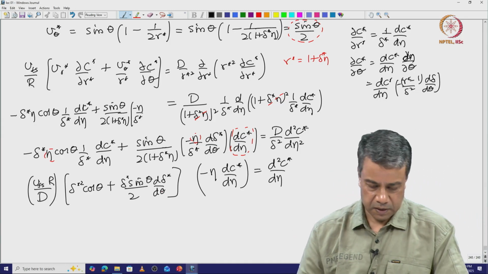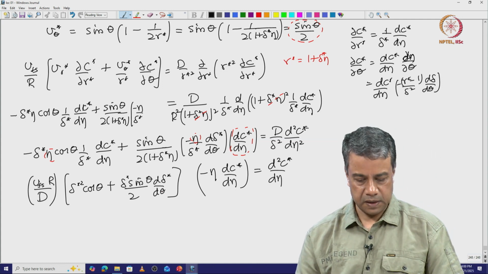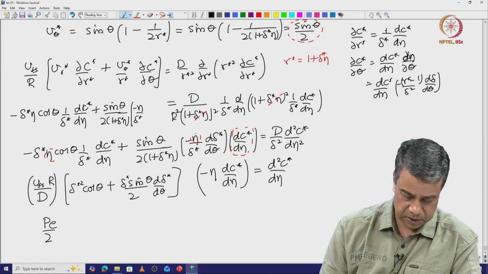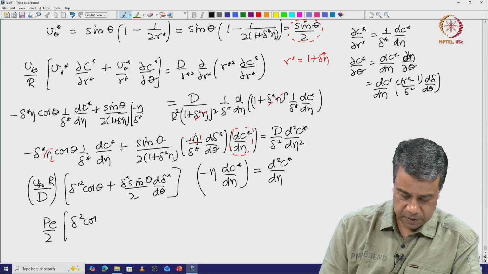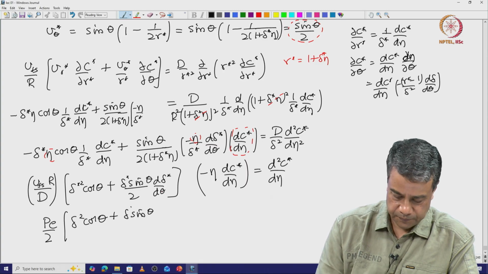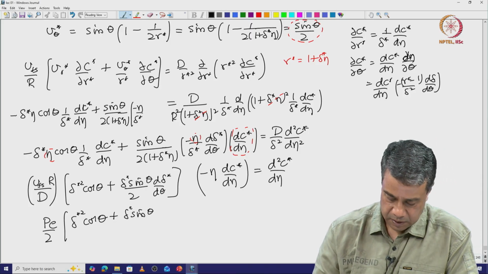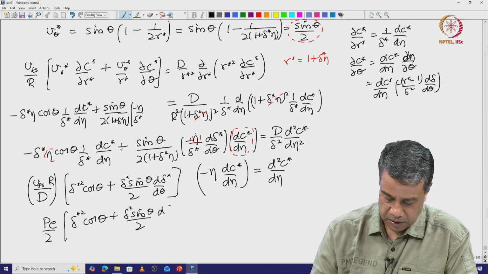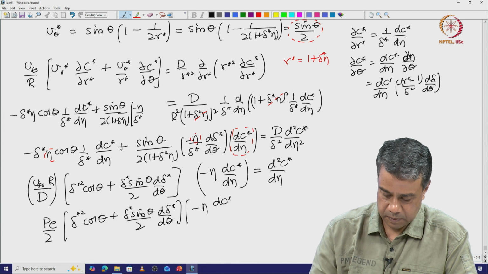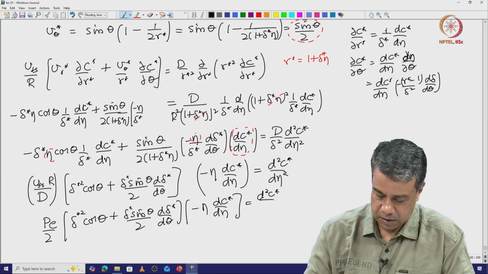On the right side when I do the scaling, I will get a 1 over r square here. So, I will get a VFS r by d. This is Peclet number by 2 delta square cos theta plus delta star sin theta by 2 d delta by d theta, minus eta dc by d eta is equal to d square c by d eta square.